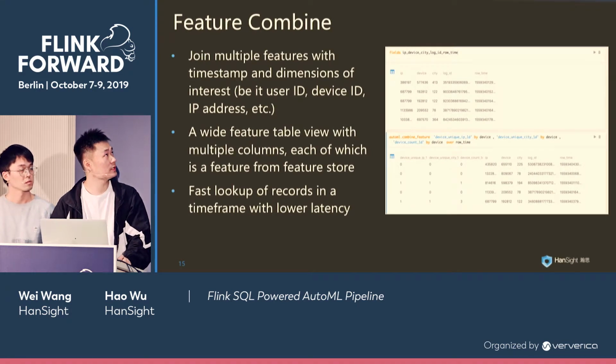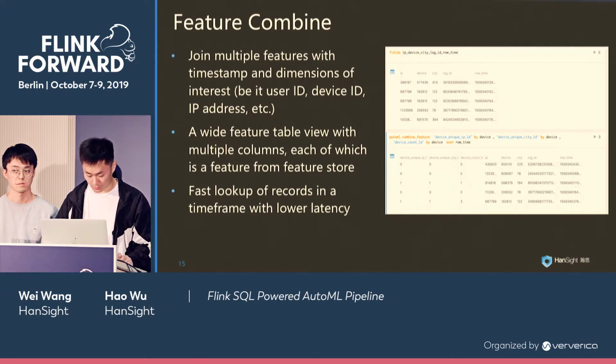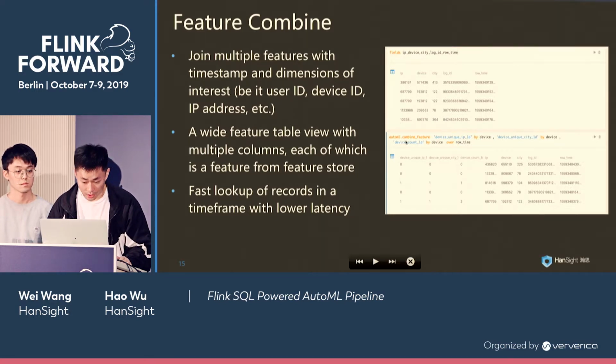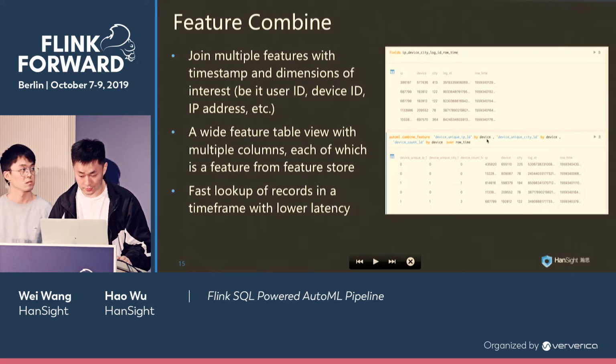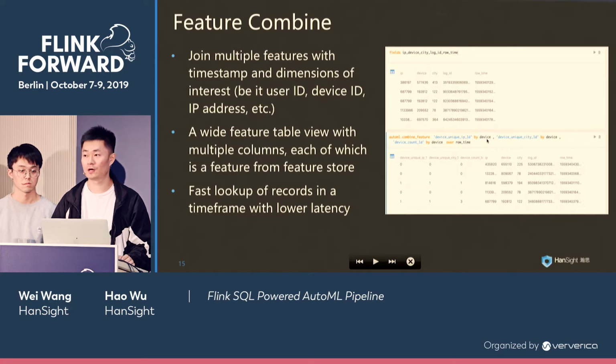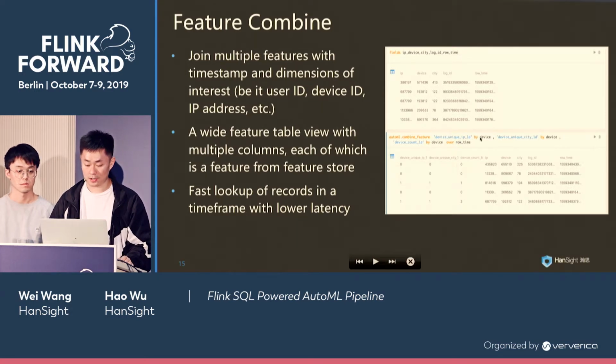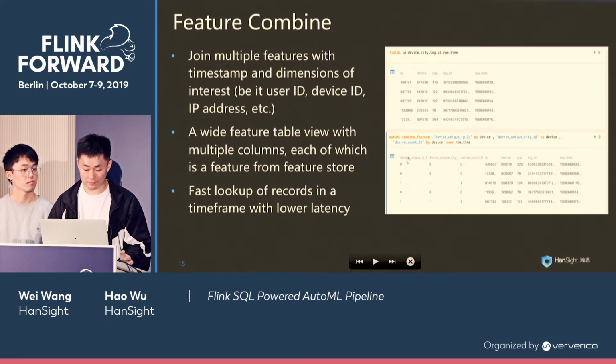Let's come back to the feature combination example. If you have multiple features, you may want to join them, combine them into a wider table view. How you do that is you just call this AutoML.combine feature here, and you specify your features. You also have to specify how to join them, because you may want to join them by user ID, by IP addresses, by timestamp, or by device IP, and then it'll give you this result.